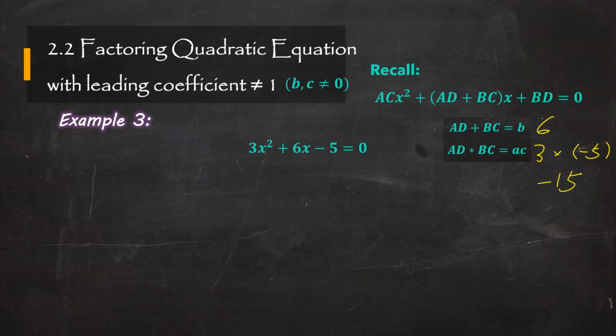Okay, so now let's see. We're going to find the 2 factors that can satisfy the first equation. So we have 1, negative 15, 3, negative 5, 5, negative 3, and the last one would be 15, negative 1. So which pair can satisfy the first equation?